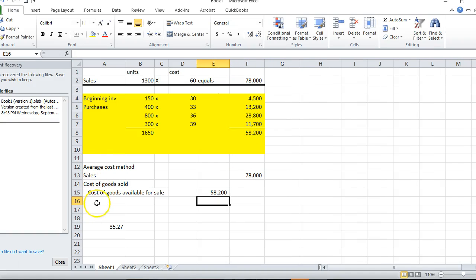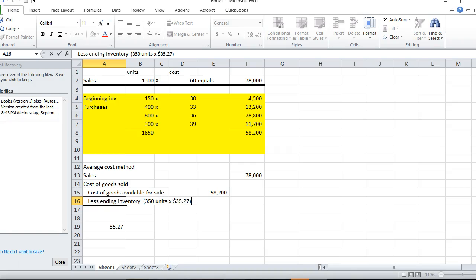Then what we do is figure out what's sitting in our ending inventory. Less ending inventory. If we had 1,650 units available but we sold 1,300, what's in our ending inventory? 300. So our ending inventory will be 300 units times $35.27 a unit, right?